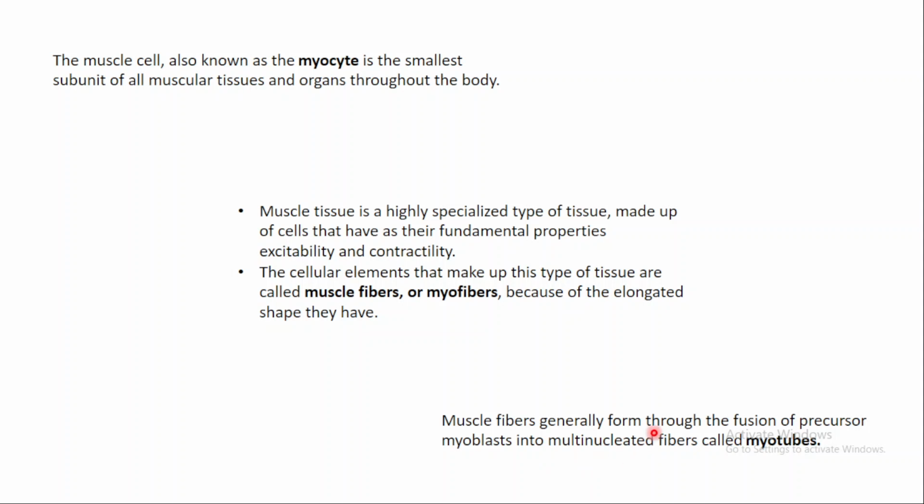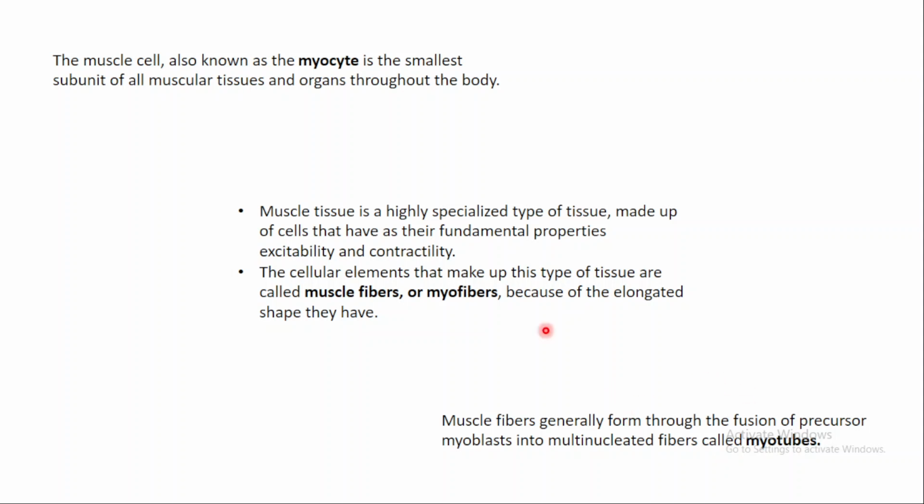And muscle fibers generally form through fusion of precursor myoblasts into multinucleated fibers called myotubes. So this is what a myotube is. We saw the process in which multiple myoblasts fuse to form multinucleated fibers called myotubes. So many such muscle cells or myoblasts will fuse together to form a myotube.